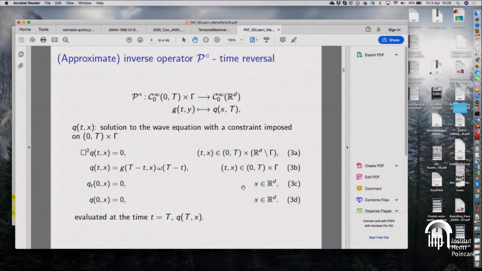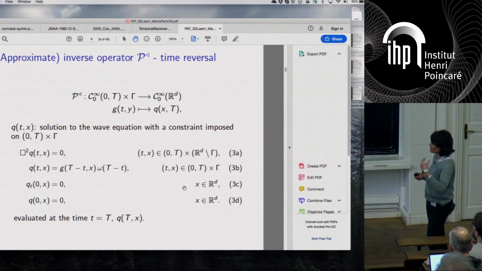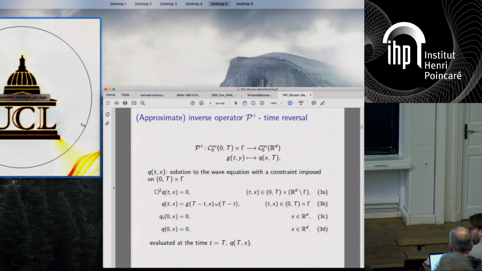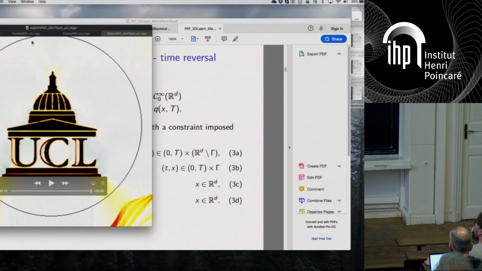So if you have this planar sensor geometry that I am using, you can think about this as a boundary value problem, but because of the way this geometry deals with the symmetry of the solutions, we can get the complete Cauchy data here. Okay. So the inversion of the UCL looks then like that.